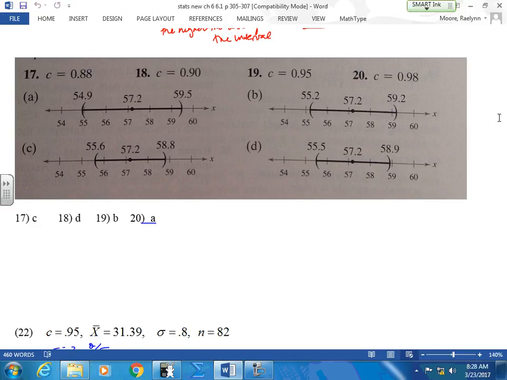No. That looks like the largest one. So 19 is B, 20 is A. Oh, this one, sorry, this one's larger. 98 is your largest A, then this one is B. Your smallest one is 0.88. So just, if you have to, put them all together and you'll see it a little bit better. Okay? That's a good rule to remember.